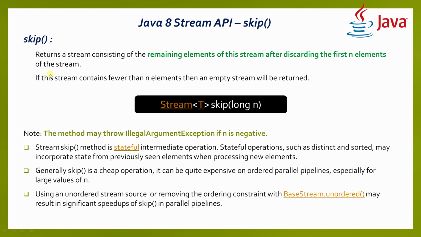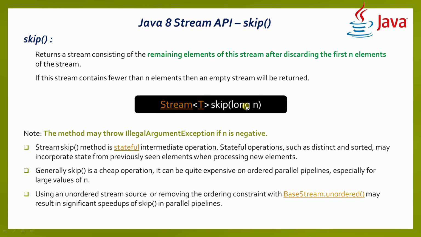The skip method returns a stream consisting of the remaining elements of the stream after discarding the first n elements of the stream. In general terms, suppose there is a list which contains 10 elements, and you kept 5 as the skip.